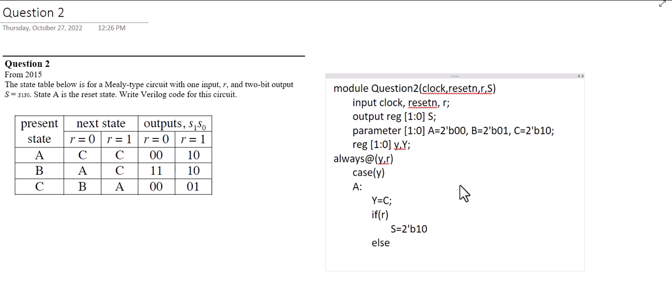Else S equals, and forgetting my semicolons. Not only that, notice I have two statements here. I have y equals C, that's one statement, and then I have an if. The whole if, and then one thing, and else and then one thing, is all one thing. And then the y equals C is another thing, but that's still two things, so I need to have a begin.